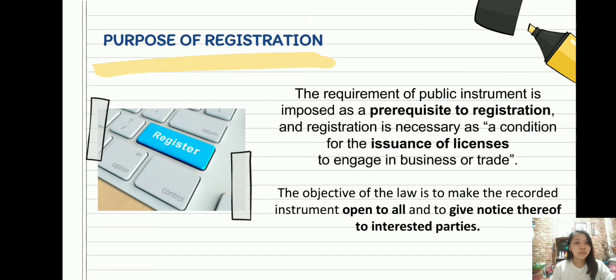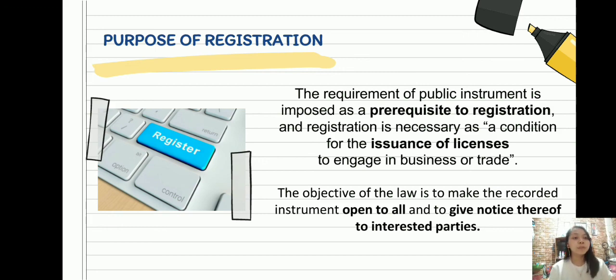The objective of the law is to make the recorded instrument open to all and give notice thereof to interested parties. So, bakit nga ba nagre-register? Siyempre, unang-una, for the legal purposes, para sa lisensya, and as a proof na kapag nagpa-register kayo, ibig sabihin, legal kayo and lawful yung partnership na yan.